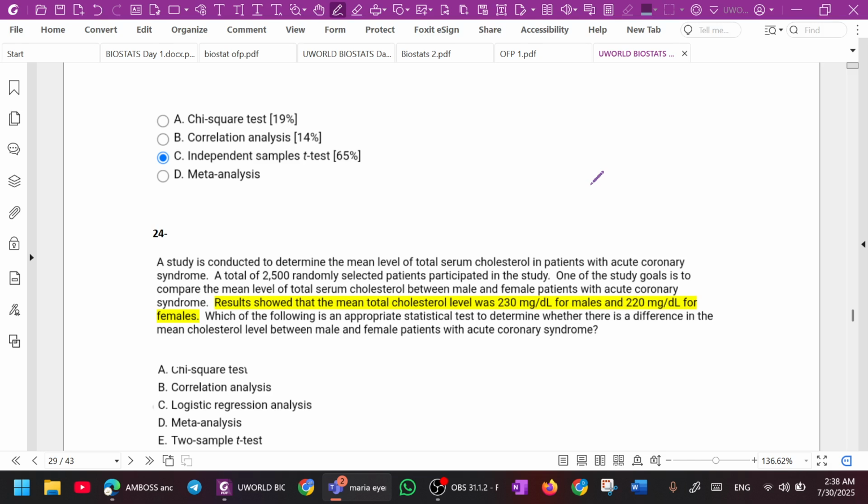So can you eliminate something based on the two groups? Yes, it is not correlation, it is not logistic regression, it is not meta-analysis. These three are ruled out. Why is it not correlation?